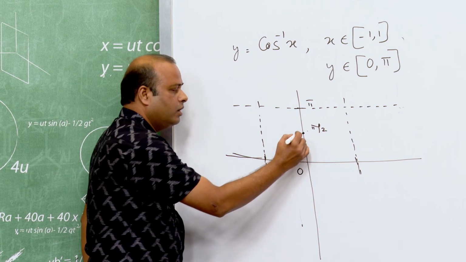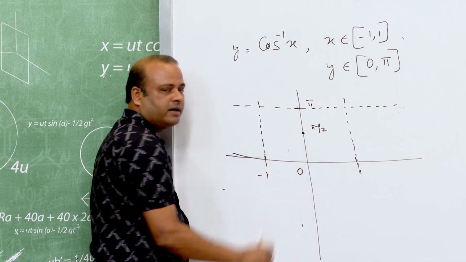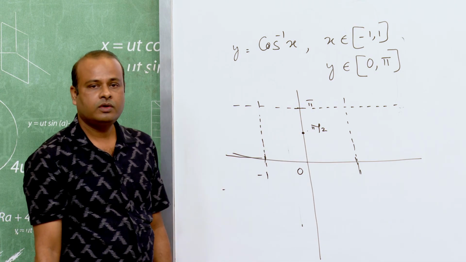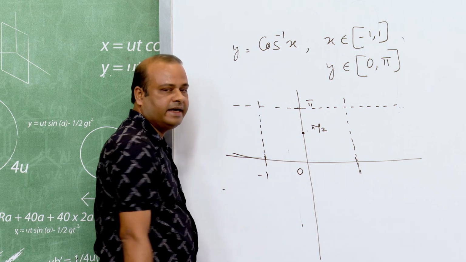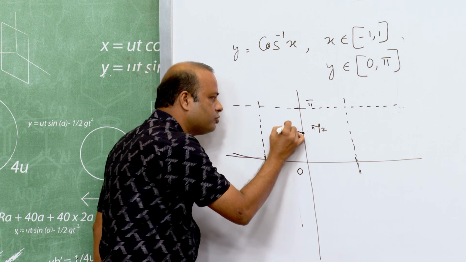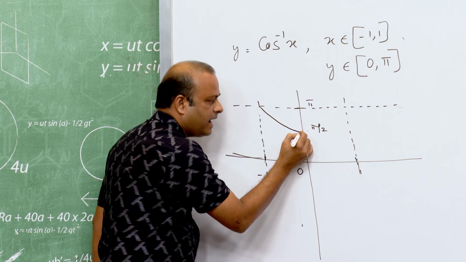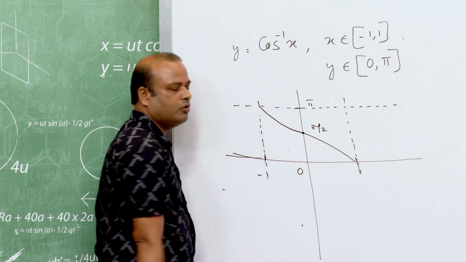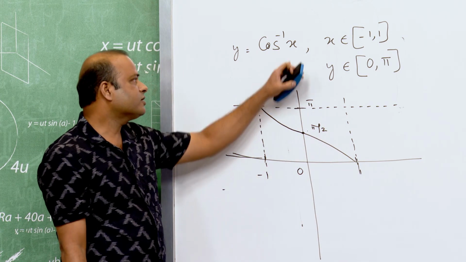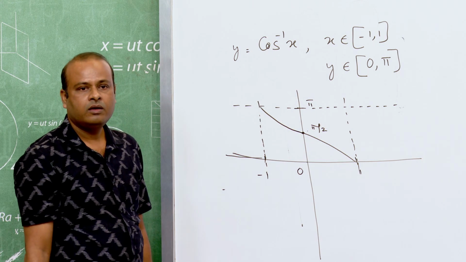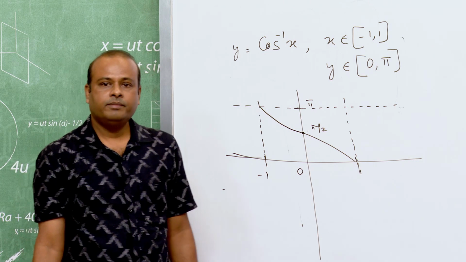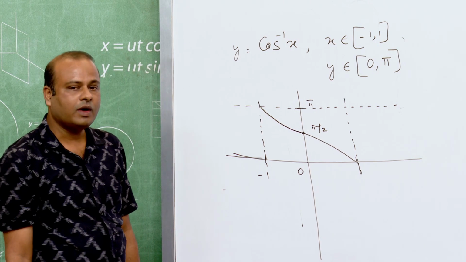So, the graph intersects the y axis at pi by 2, and from this it gradually increases to minus 1 and here decreases to plus 1. That is, if you take x as 1, then y will be 0, because cos 0 is 1.